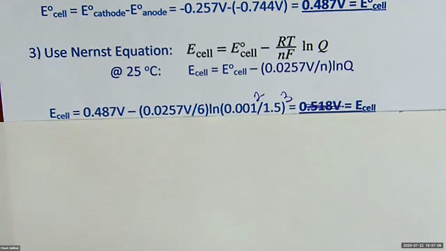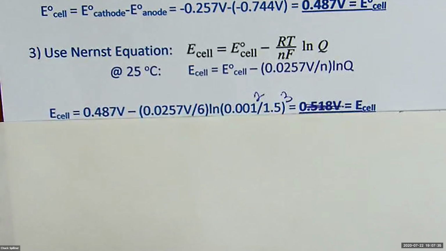And then I'm going to multiply it times a negative, let's see, 0.0257 divided by 6.